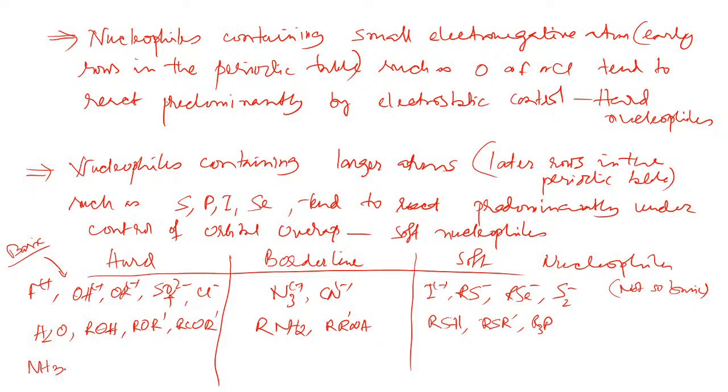Also NH3, RMgBr, RLi, where the negative charge is on R minus because they are highly polarized, are hard nucleophiles. Alkenes and aromatic rings are also soft nucleophiles.